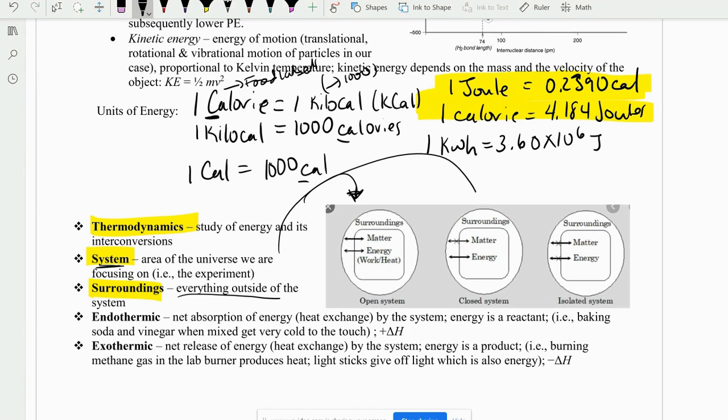Then you have something, and this is quite common when running experiments involving gases, called a closed system. And you probably can infer by the words what that means. This would be a situation where we are literally putting a lid on something or containing it.